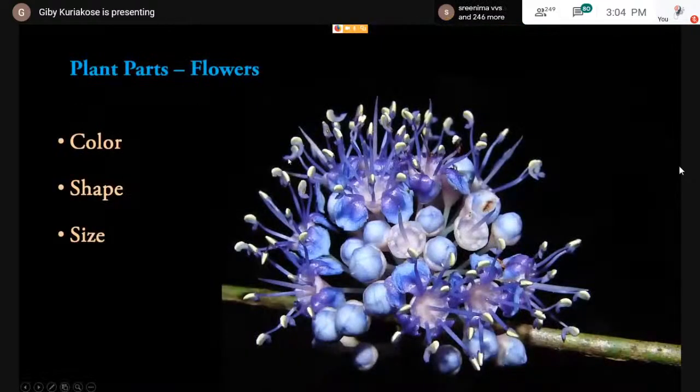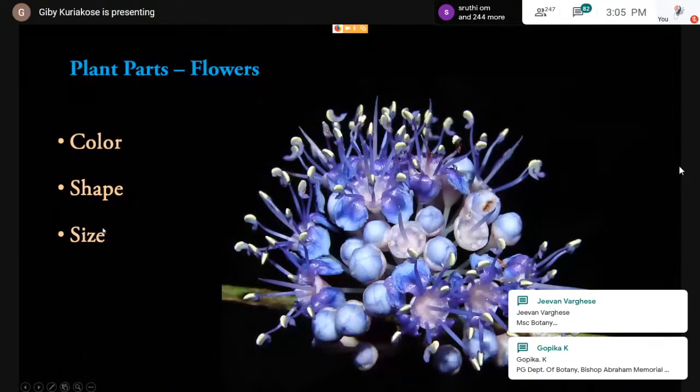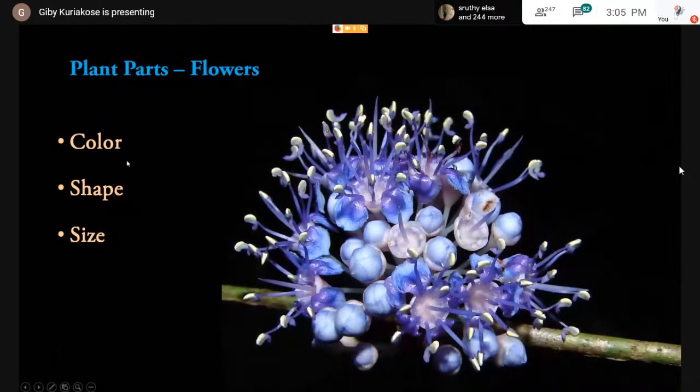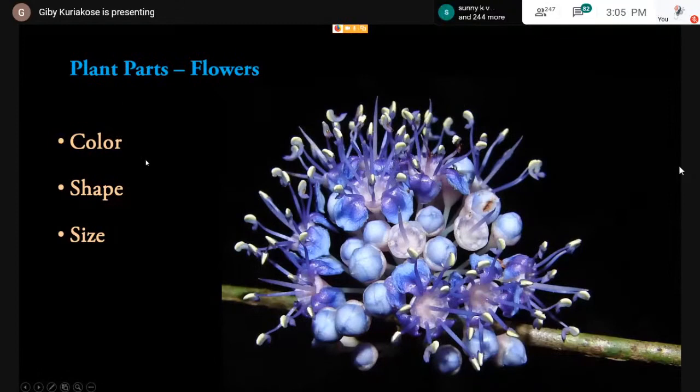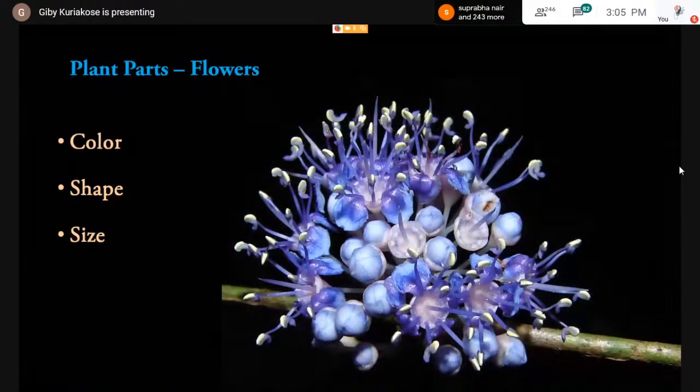Okay, then when you go to plant flowers, which is a little tougher, I would suggest you don't go for color, shape, and size. Size, obviously. Color is not a very typical or good character for distinguishing species, because there may be changes in color depending upon light, nutrients, and other climatic factors.